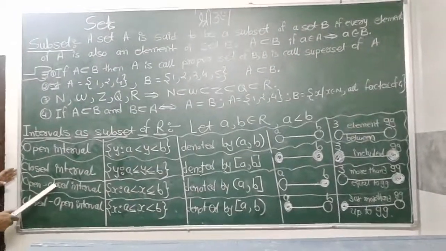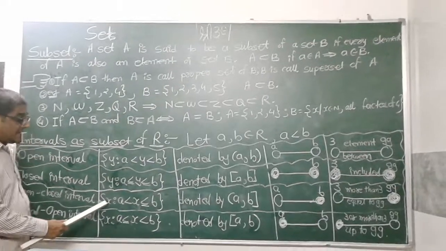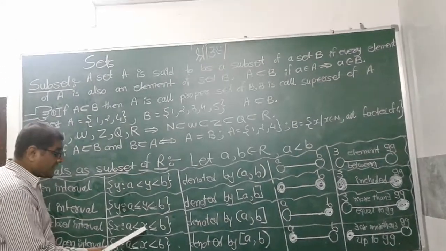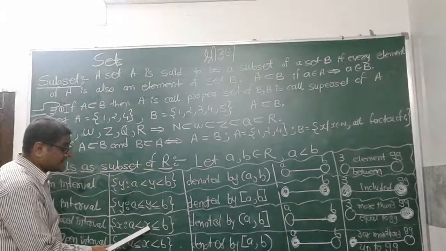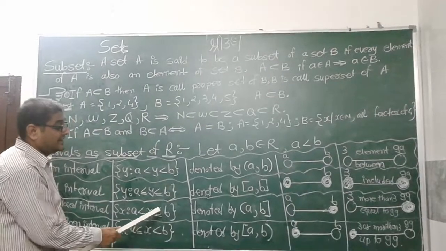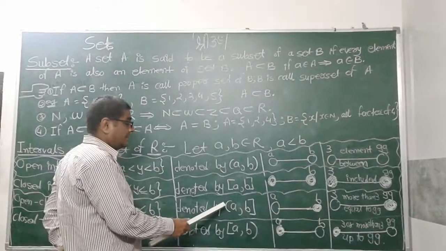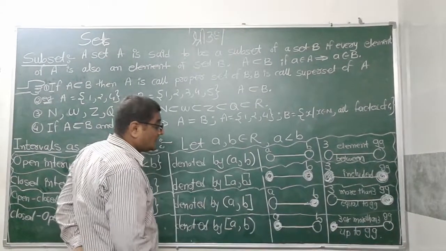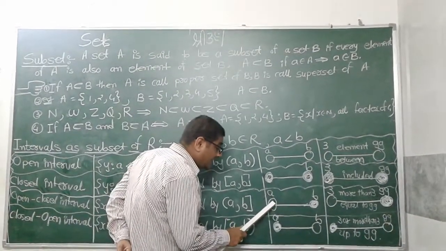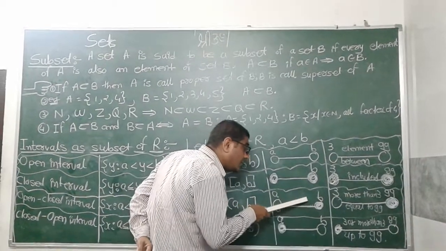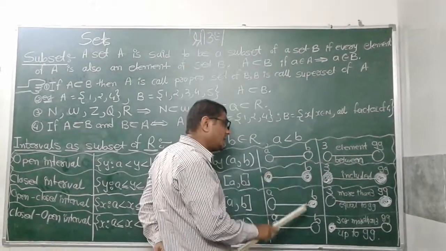After that, the open-closed interval. Here instead of y we take any value, x as the variable. So the value of x is greater than a, but x is less than or equal to b. That is denoted by a small bracket and a square bracket. So the element a is not included, but greater than a is included, and up to b is also included.